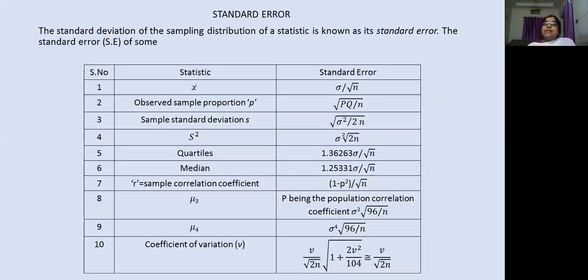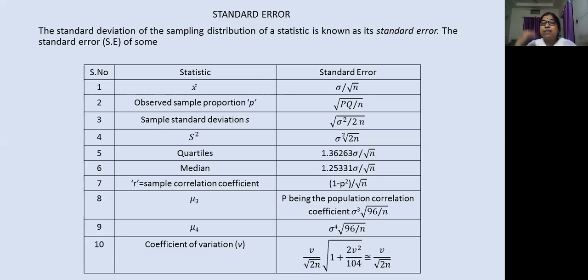Now, standard error. We have framed a sampling distribution table, with 5 serial numbers. In each sample they have drawn 15 observations and found the mean and the variance and put it in table form. That table we have called the sampling distribution.